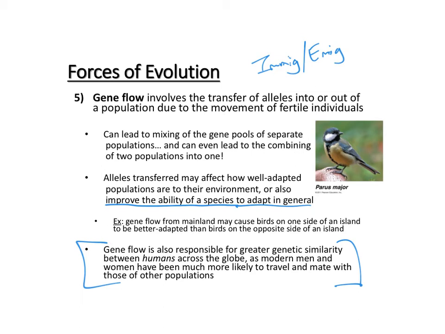But now that modern people tend to travel a lot, it's a lot easier to travel internationally, and it's become a lot more likely to marry or mate outside of your particular small population that you come from. When we look at the greater whole of the human population, we see more genetic similarity because there's a lot more gene flow between different populations of people.